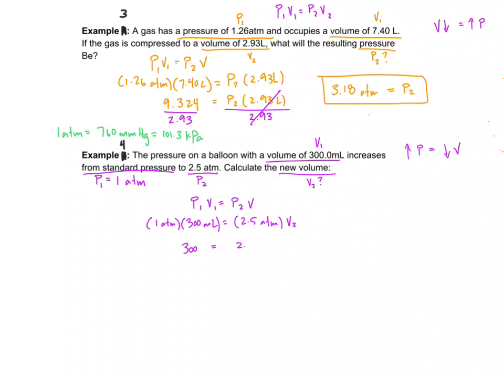And on the right, I still have 2.5 times V2. In order to get V2 by itself, I'm going to divide both sides by 2.5. The 2.5 cancels out, which gives me my new volume all by itself. So 300 divided by 2.5 gives me 120 milliliters.